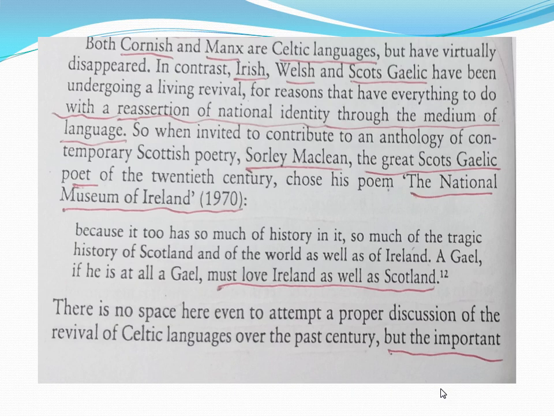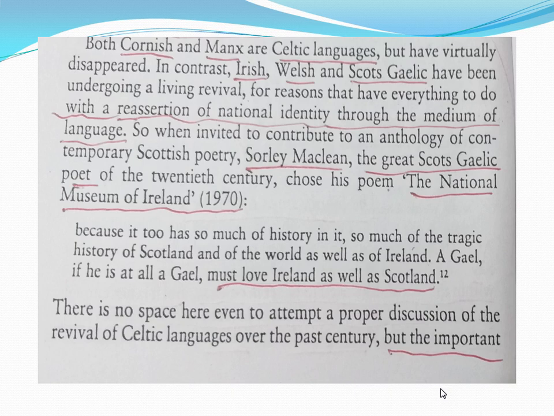And Sorley MacLean, the great Scottish Gaelic poet of the 20th century, chose his poem, The National Museum of Ireland, because it too has so much history in it, so much of the tragic history of Scotland and of the world as well as Ireland.